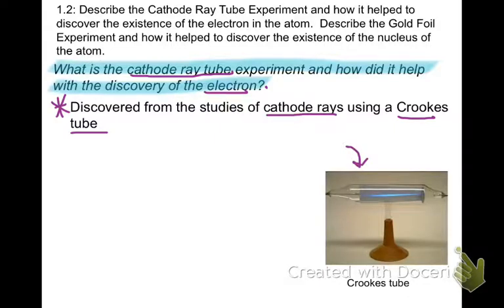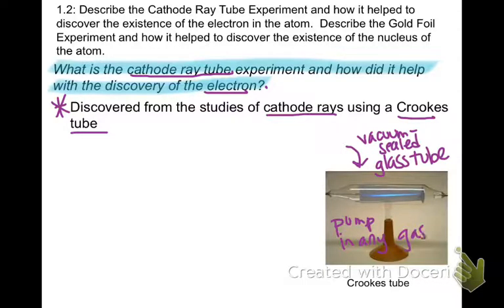Basically, a Crookes tube is a vacuum sealed glass tube, but you can pump into that glass tube whatever gas you are interested in studying. So pump in any gas.